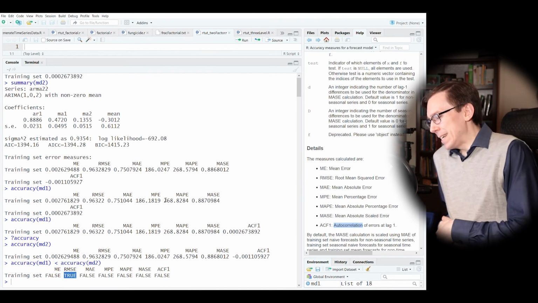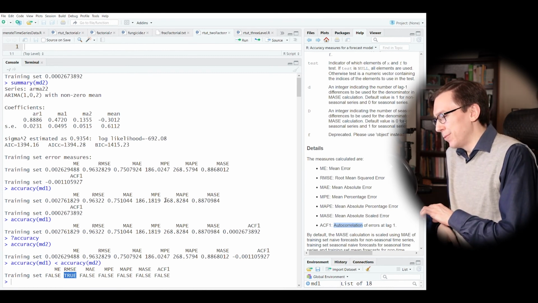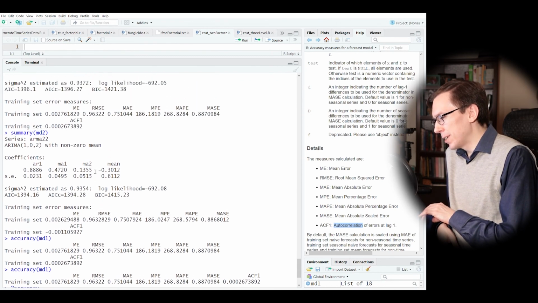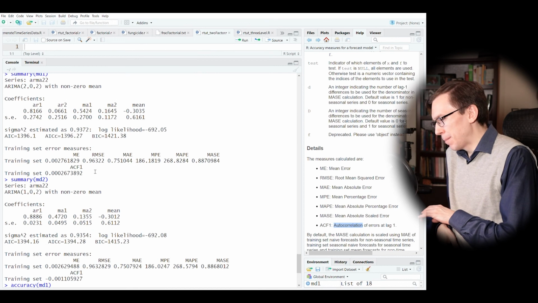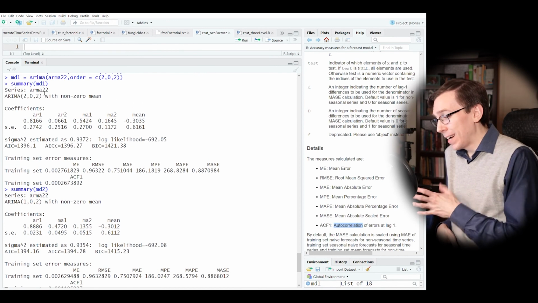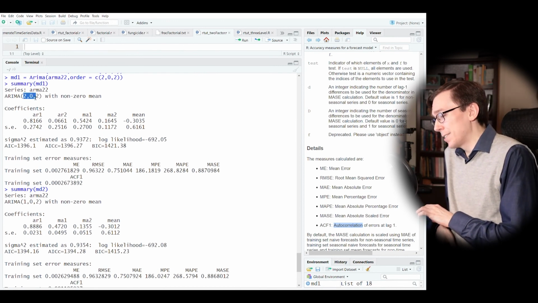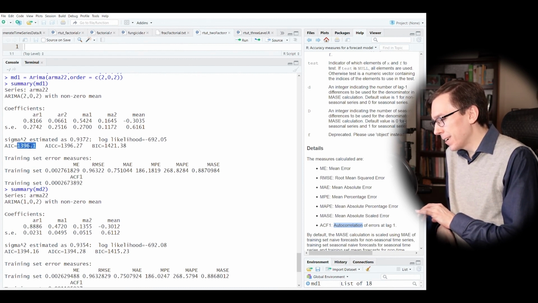So if we remember what we did before, Model 1, MD1, is the ARMA 2,2 model from above. That's how I generated this data, as an ARMA 2,2 model. But if you notice, the AIC is bigger than for an ARMA 1,2 model, where the AIC is slightly smaller.